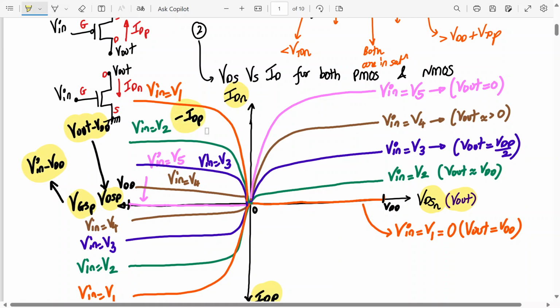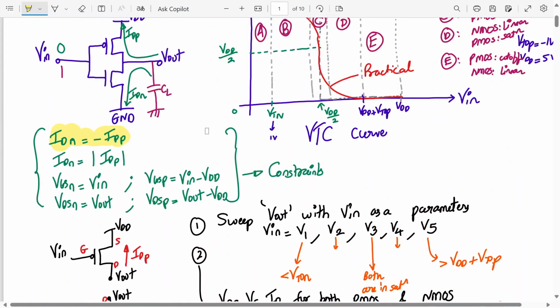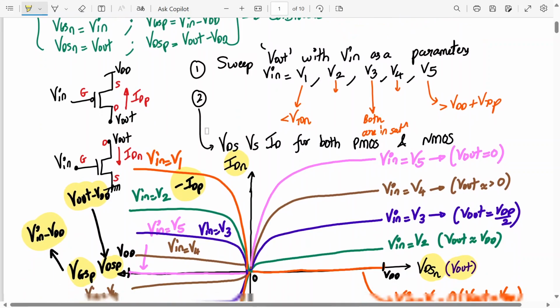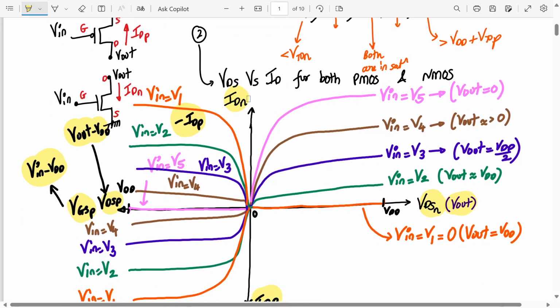Now we have to plot it together on one graph, right? We are now saying that both the currents are the same, IDSN is equal to minus of IDP. If I want to plot both the currents together, I have to make this positive.